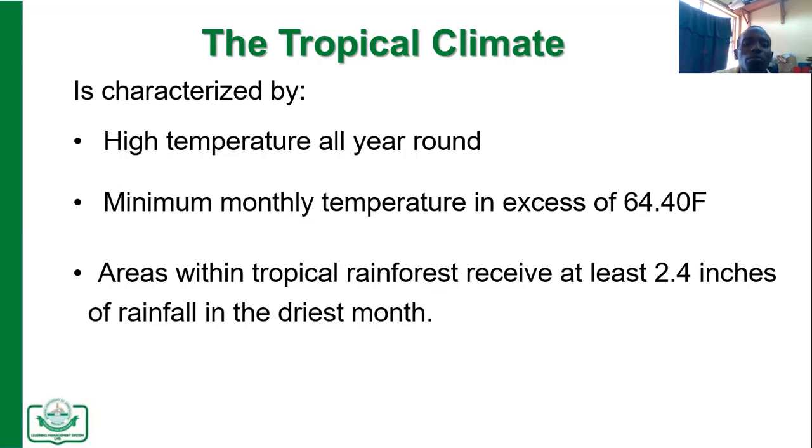Then the minimum monthly temperature always exceeds 64.4 degrees Fahrenheit. Then the areas within tropical rainforest receive at least 2.4 inches of rainfall in the driest months, which means rainfall is as well very high in the tropical climate.